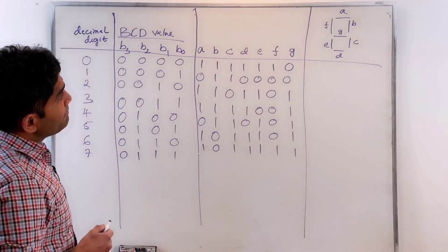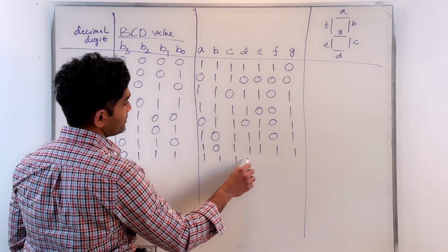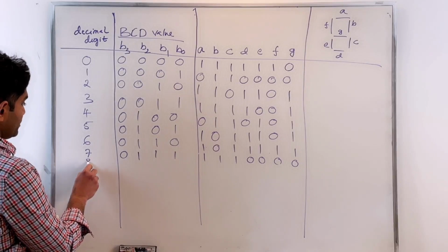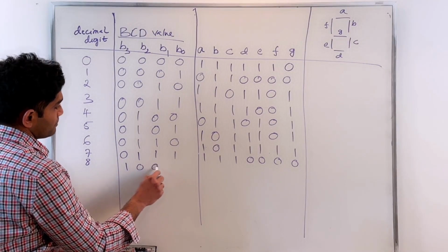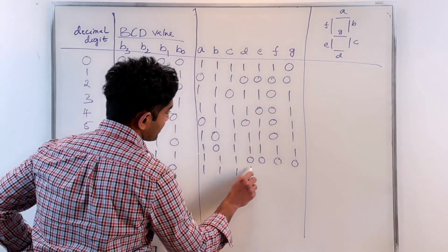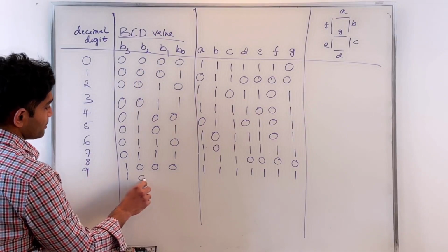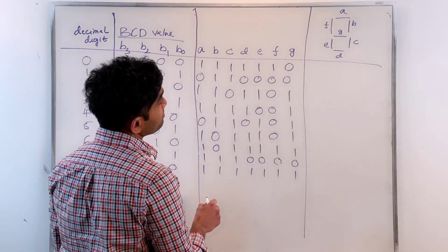7 is 0, 1, 1, 1. 7 would be A, B, C. That's it. 8 would be all of them. Everything is displayed. 9 would be 1, 0, 0, 1. How do I display 9?